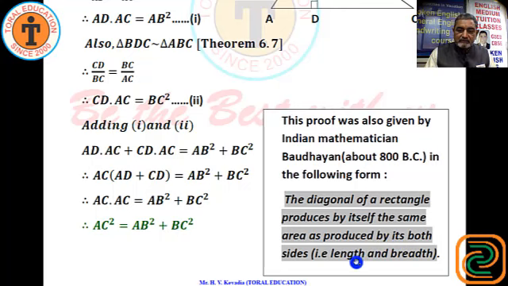Diagonal, both sides means length and breadth. Length and breadth से जो एरिया बनता है वो सिमिलर एरिया डायगोनल्स भी प्रोड्यूस करता है. तो किसने दिया था? बौद्धायन. कब दिया था? 800 BC.